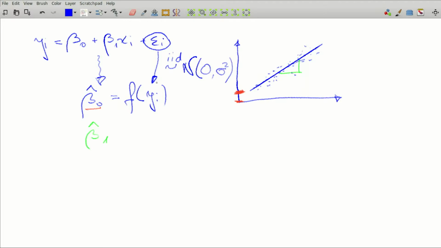Well, because y_i depends on epsilon_i, y_i is random, hence beta hat naught and beta hat 1 as well.